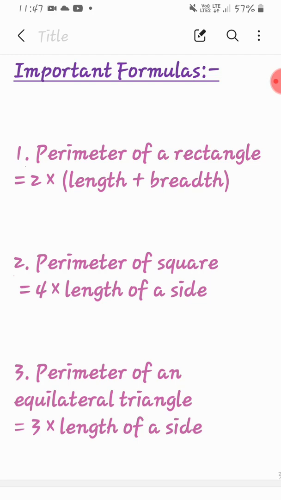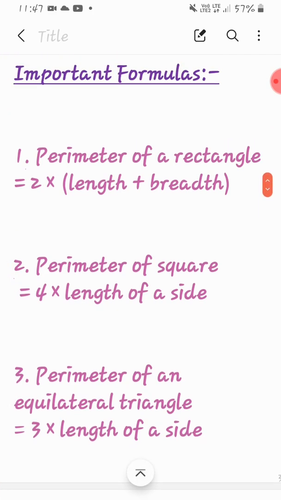Then perimeter of a square you are finding out. Obviously you know one side of a square is how much, suppose 4 centimeter, then the rest are also 4 centimeter only. Okay, if one side is 5 centimeter, the rest is also 5 centimeter. So what you can do, you can add all. Yes, that way also you can find out, but a short way is that you can multiply that with 4.